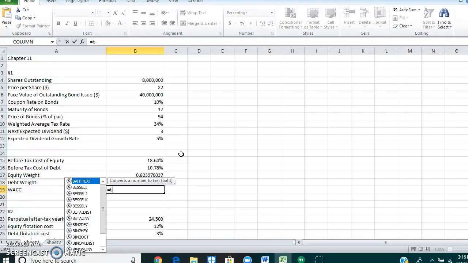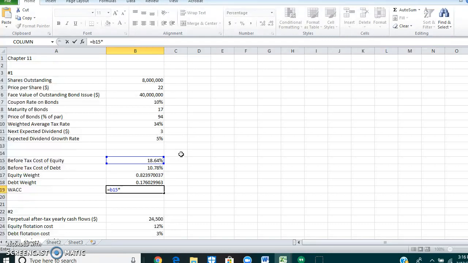Before tax cost of equity is B15 times our equity weight, for me, is B17, plus before tax cost of debt, for me that's B16, times the debt weight, for me that's B18, times parentheses 1 minus the weighted average tax rate, which is up here in our originally given information on B10. Close the parentheses and see what we've got. So our weighted average cost of capital is 16.61%.